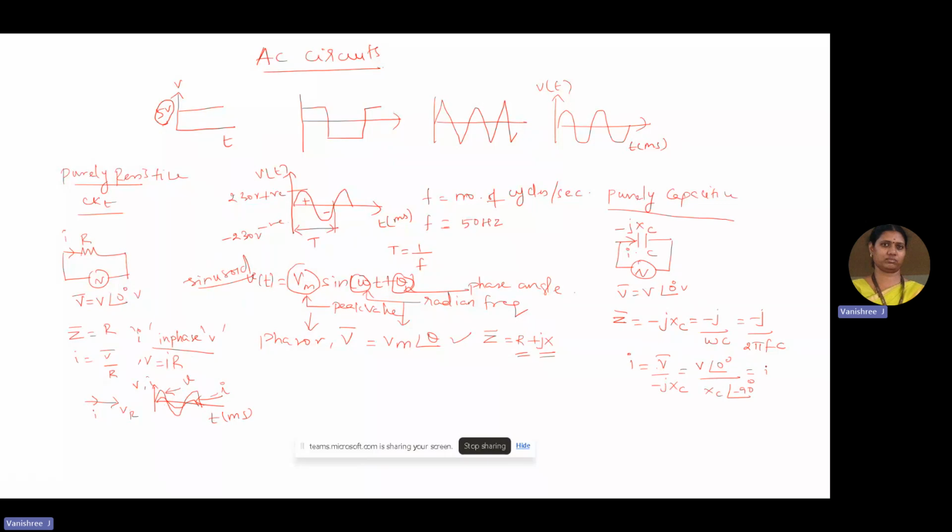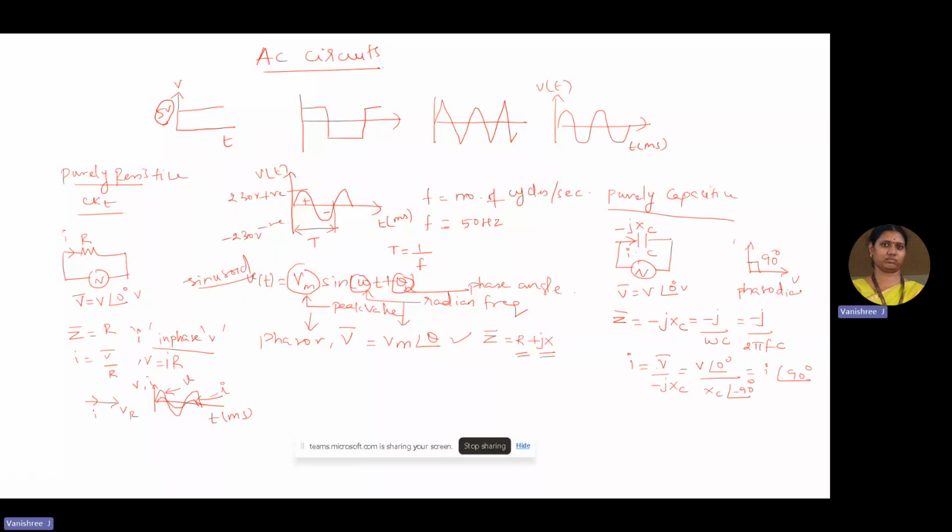So that is equal to I with an angle of 90 degrees. So compared to voltage, the current will be leading by an angle of 90 degrees. So the current leads the voltage in case of a purely capacitive circuit.